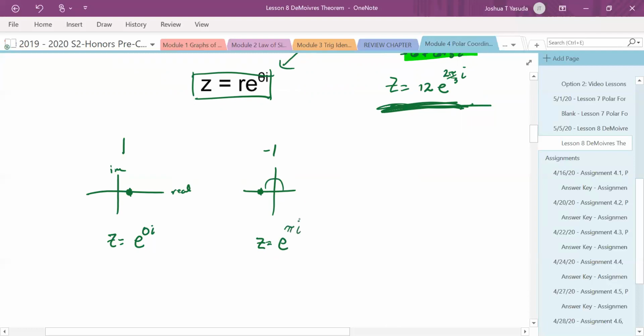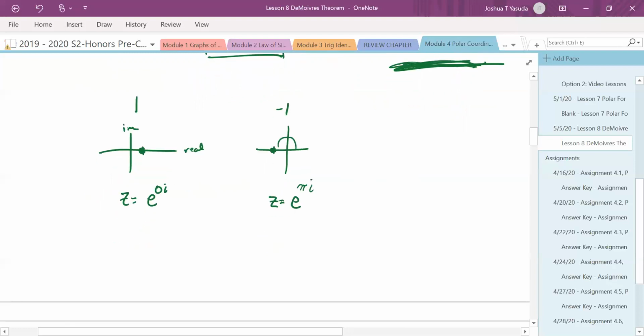So e to the pi i is -1. Once again, this could also have been written z equals 1 for the radius, and then cosine of pi plus i sine of pi. This would have achieved the same number, -1. It's just two different ways of writing it.